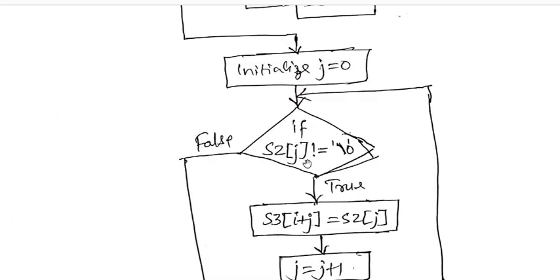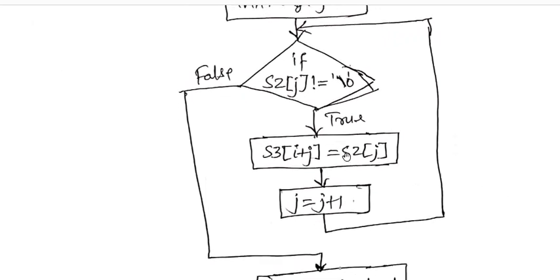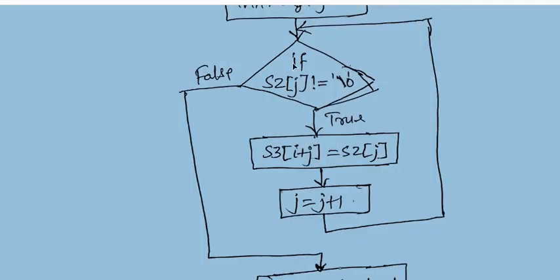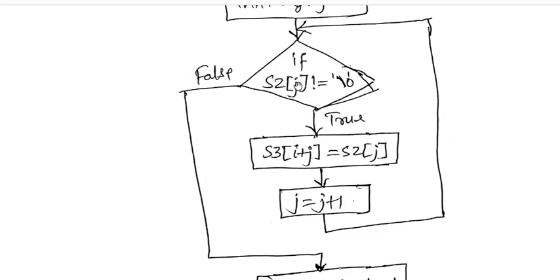So here s2 of j not equal to null. How long will we copy the second string? As long as we don't reach the null, meaning all the characters until null. If this character is not null, and that statement is true, s3 of i plus j, this is very important. We already have string 1 in s3.